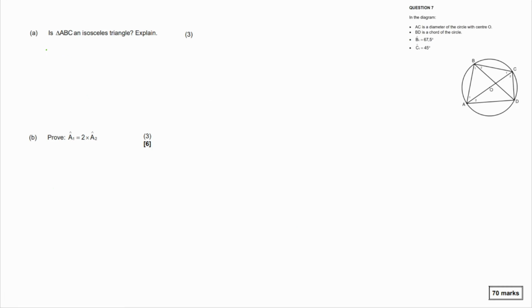So what we can say is angle B1 plus B2 is equal to 90 degrees, and that's because of angles in a semicircle. C1 is equal to 45 degrees, and that was given.